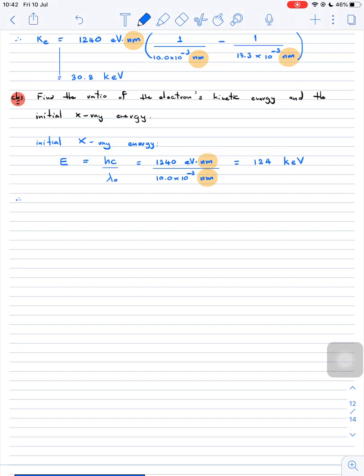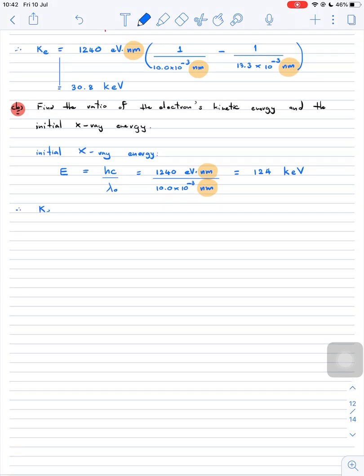Then finally we get that Ke over E is equal to 13.8 kilo electron volts over 124 kilo electron volt. The unit cancels out, so the answer is 24.8%, and that's it.